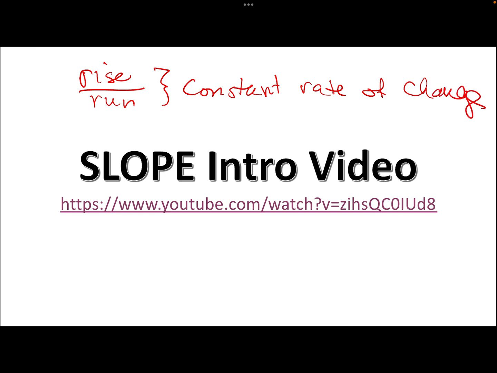And that rate of change is the definition of slope. It's going up the same every time and over the same every time. And your job today, our job today, is going to be to find that.